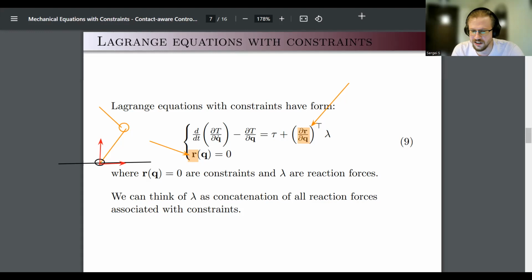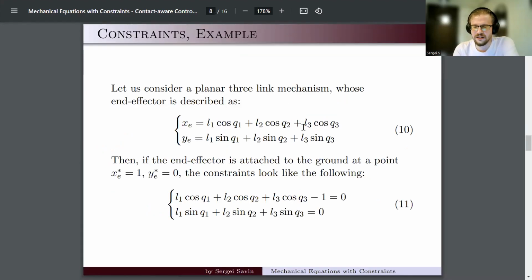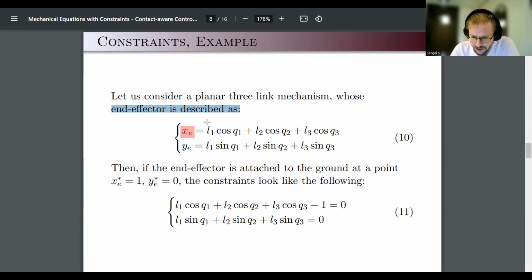Okay, we'll move on. Now, here's a little bit more concrete example. Let us consider a 3-link mechanism whose end effector, a point at the very end of the robot, is described as follows. The x position of the end effector, x sub e, is equal to L1 cosine Q1 plus L2 cosine Q2 plus L3 cosine Q3.